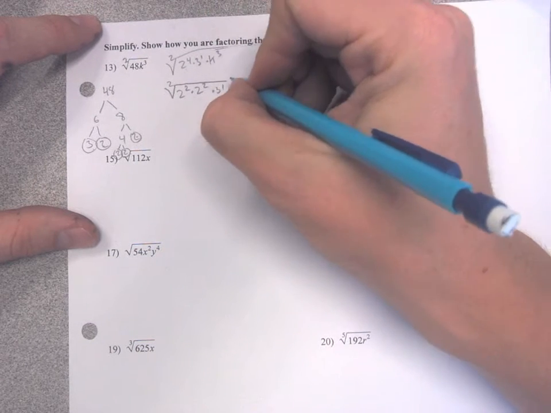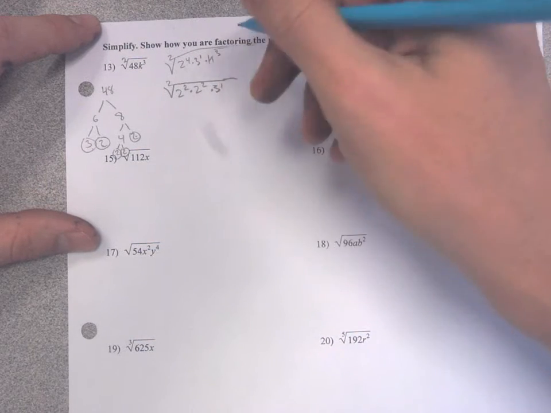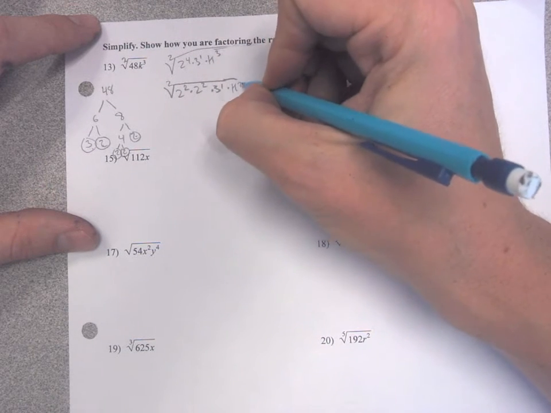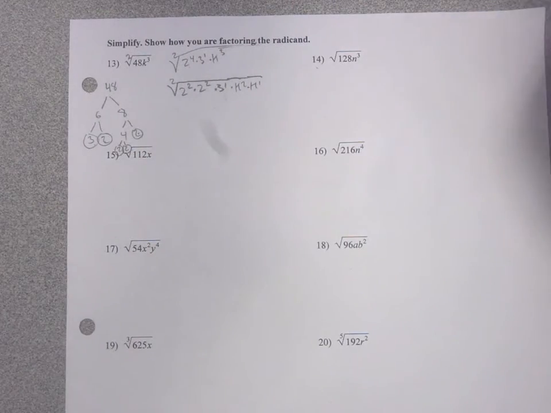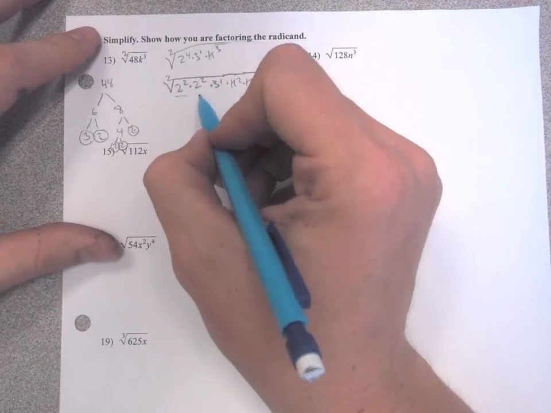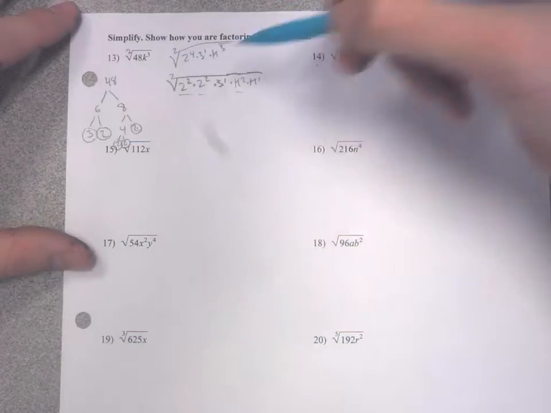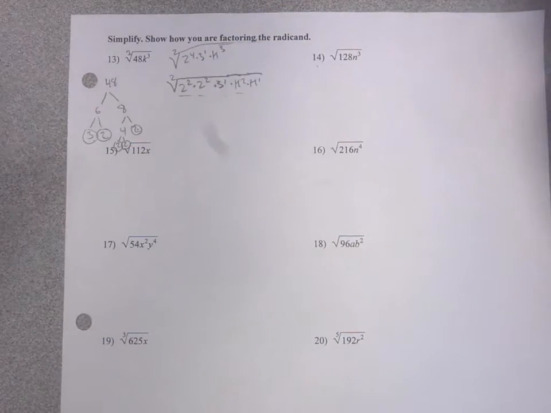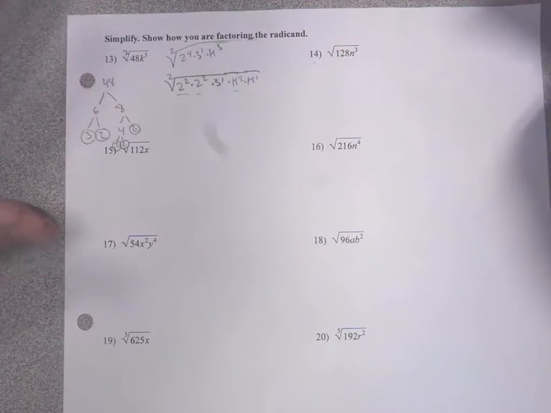I have a 3 to the 1. Also, I have the k to the 3rd, which I can write as k squared times k to the 1. And I'm looking for those powers of 2. There's a power of 2 here and here and here. I'm looking for exponents that are 2's, because this root cancels that power.